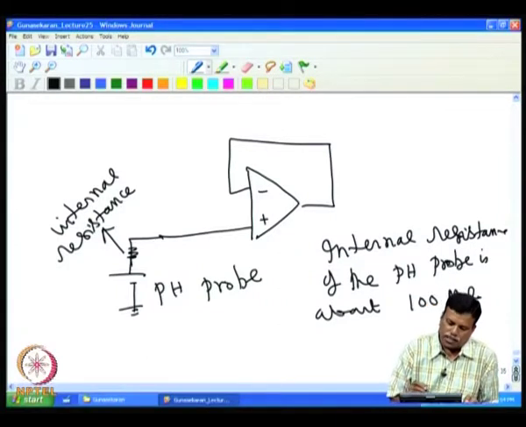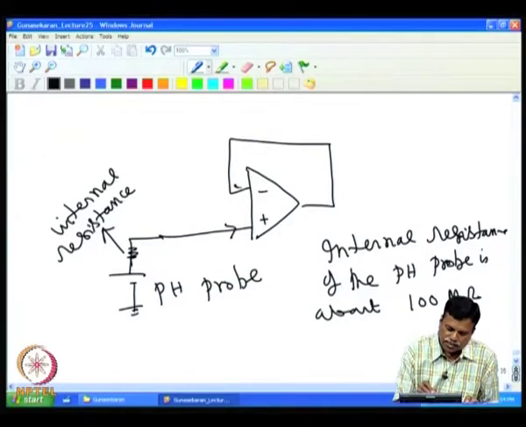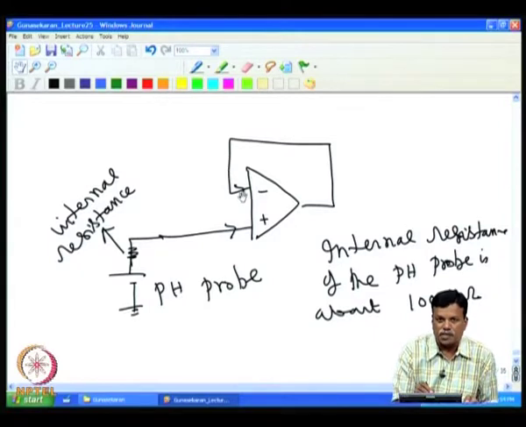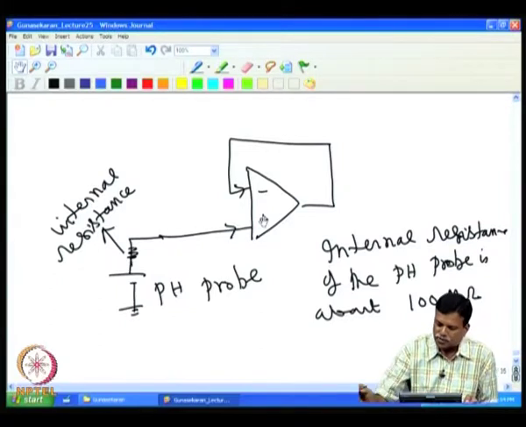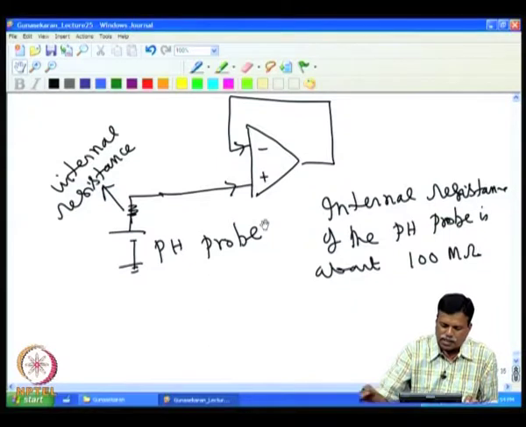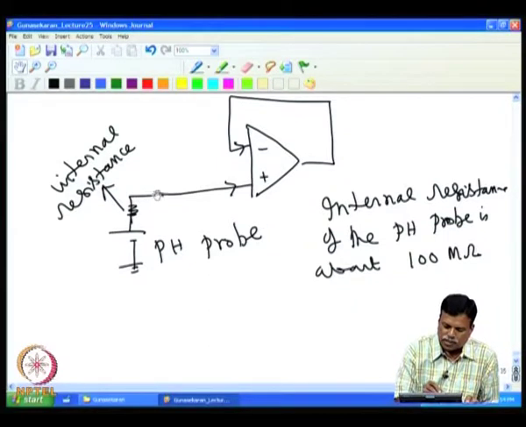Now, if you look at the bias currents, they flow here as well as here. The bias current flowing into the inverting terminal has no problem, because it does not develop any voltage, as there is no resistance here. So, due to this current I minus, there is no problem, whereas the bias current I plus, at the non-inverting terminal, has to go through this 100 megohm resistance, which I call RI.